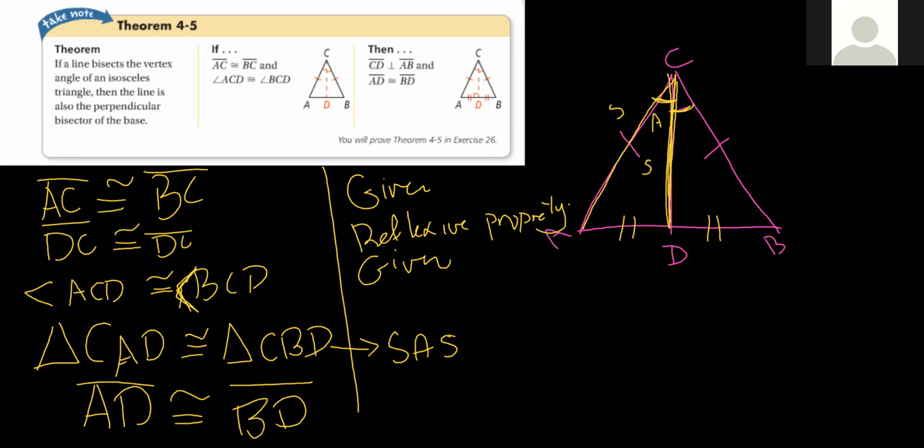Yes, this is what I proved. Now I will need to prove that they are perpendicular. CD is perpendicular to AB. Definition of bisector. No, I need to prove it.